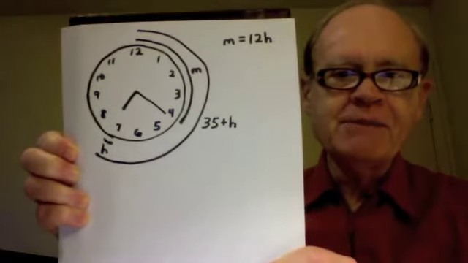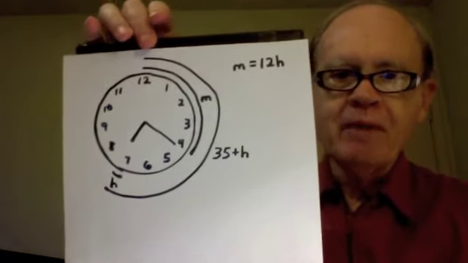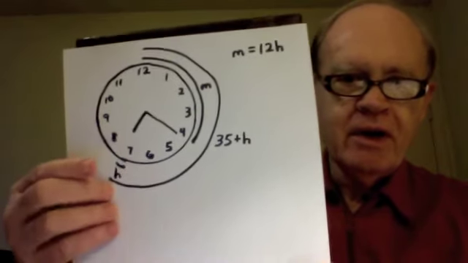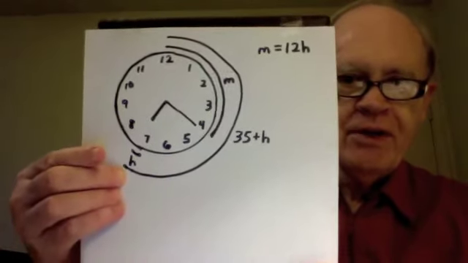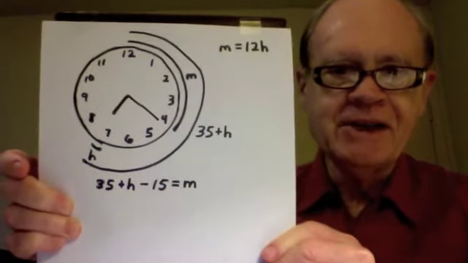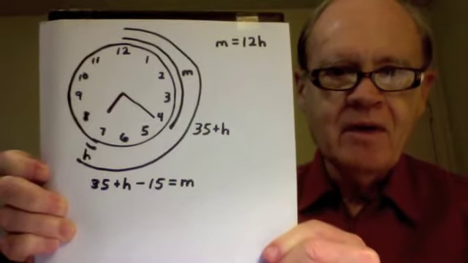The number of minute spaces all the way from the top at 12 to here is 35 plus H. How does that distance 35 plus H compare with M?